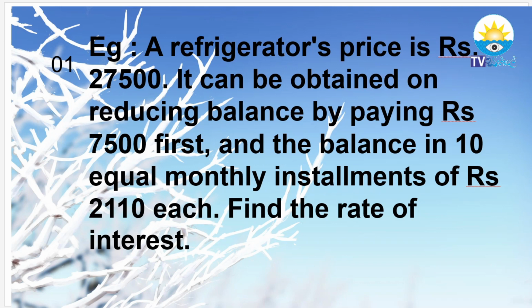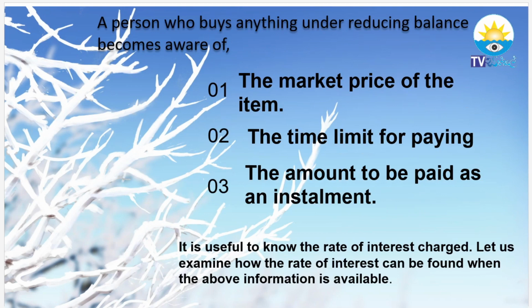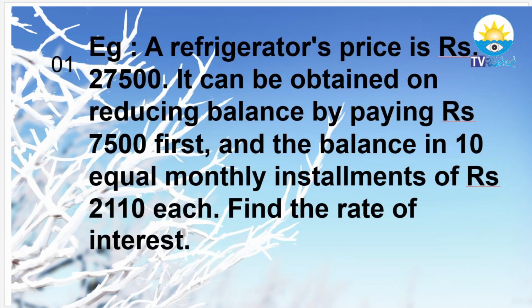That is the time limit for paying that loan. The other thing: the amount to be paid as an installment. You can see that in the question, 2,110 rupees each. So that is the size of the installment.